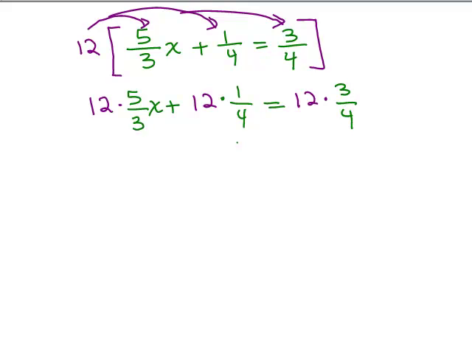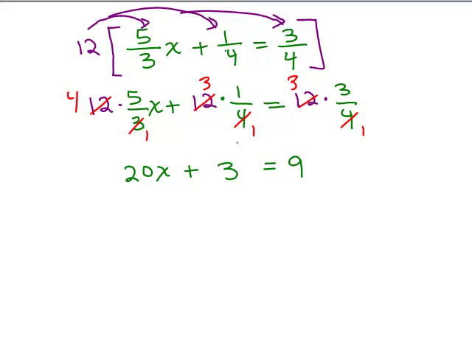And let's cancel things out here. 3 goes into 12 4 times. 4 goes into 12 3 times. And over here 4 goes into 12 3 times. So what I really have is 4 times 5x, 20x, plus 3 equals, remember that's 3 times 3 or 9.